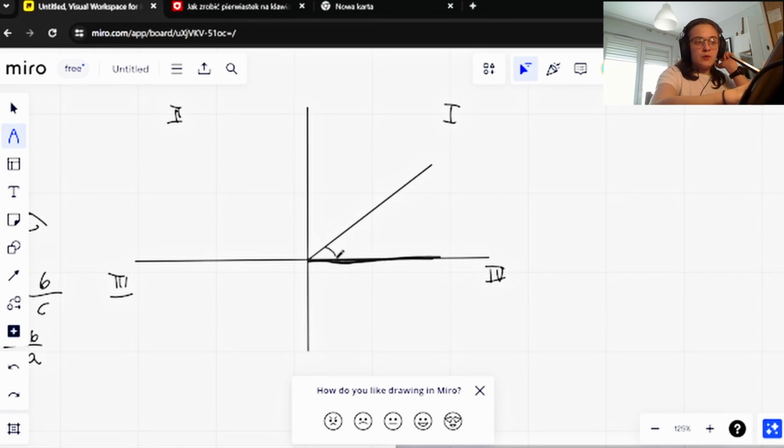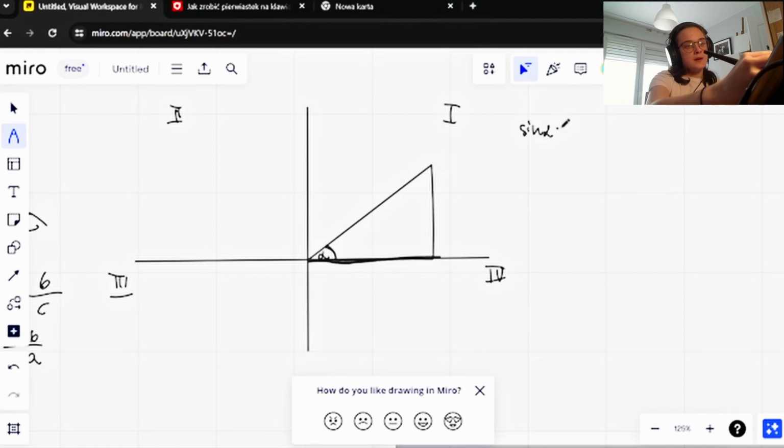And here's how to put x and y's into that formula. The angle is always here. We don't do the angle here, never. It stays here.